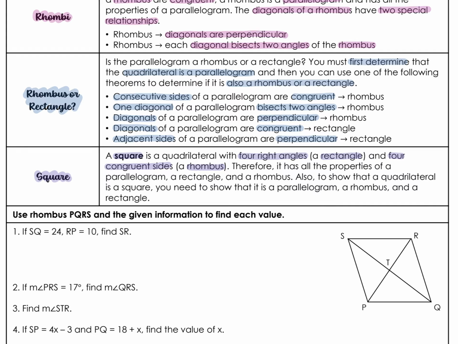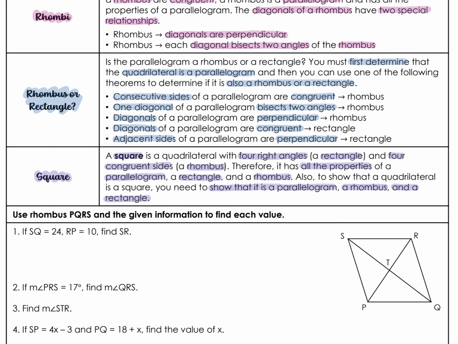So therefore, it has all of the properties of a parallelogram, a rectangle, and a rhombus. Also, to show that a quadrilateral is a square, you need to show that it is a parallelogram, a rhombus, and a rectangle.